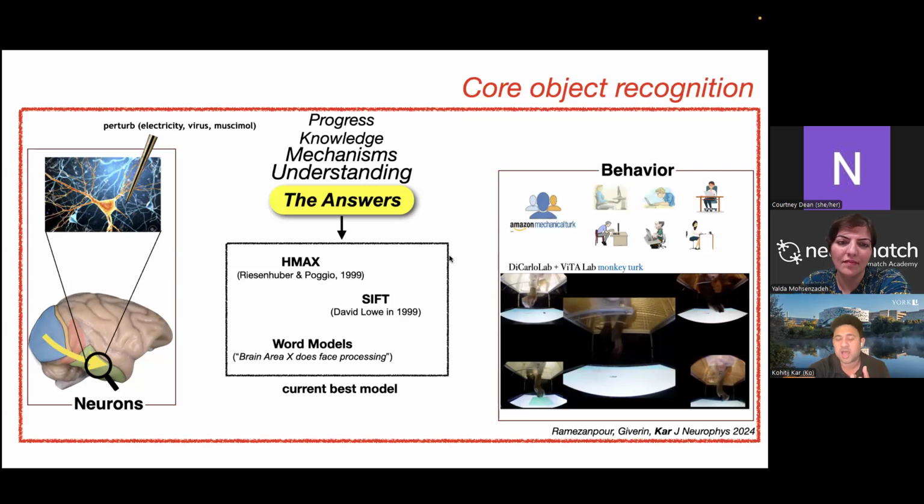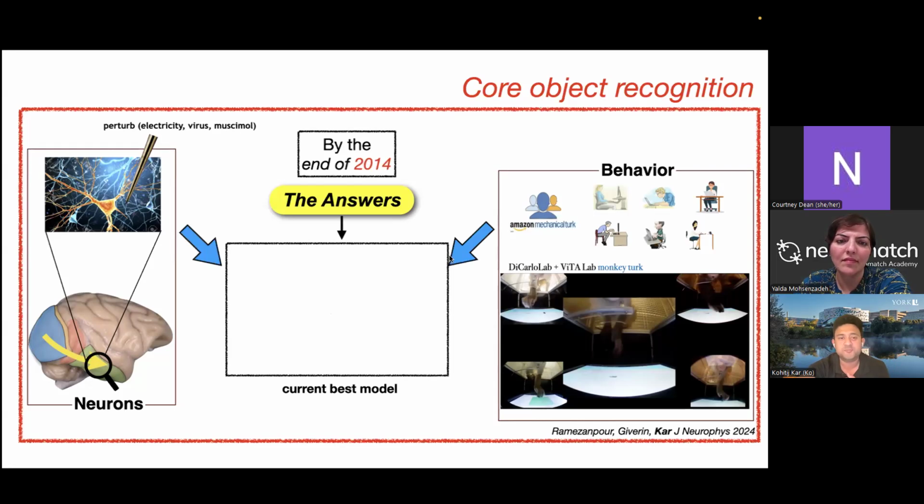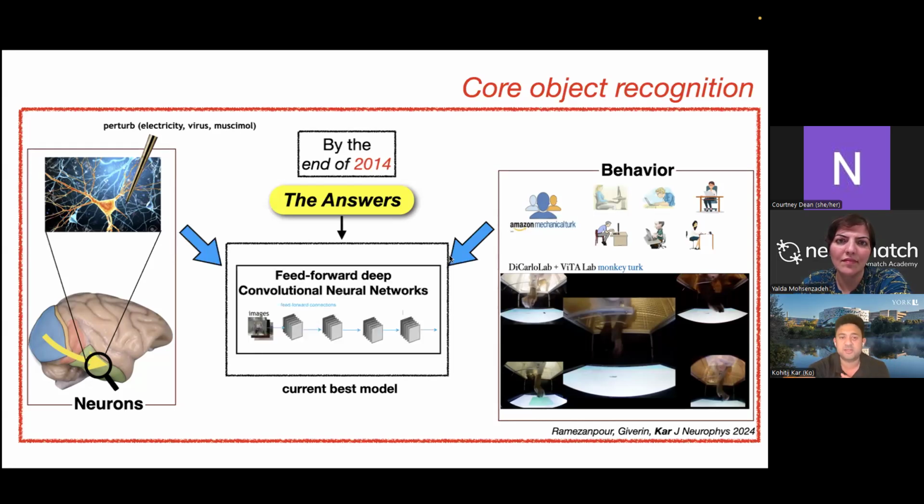This is also a kind of implicit model; that model runs in the head of the scientist who is telling you that answer. So there are different kinds of models. By the end of 2014, the type of model that was most prevalent and really came to the stage was the feed-forward deep convolutional neural network model. They became models that could explain a lot of this behavior and neural phenomena, and I'll go into this a little bit further.